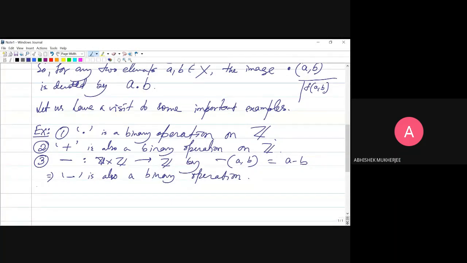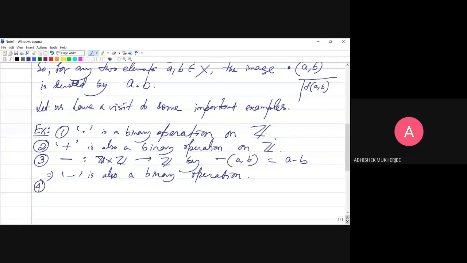Okay, so for the next example, you can just consider the set of all rationals. Then again you will see that the operations that we have considered on Z will automatically be binary operations on Q also.